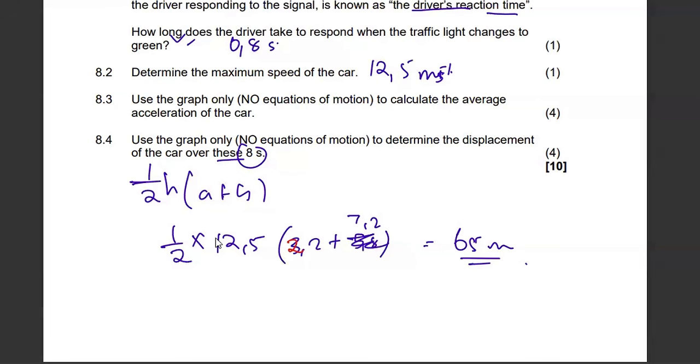Let me just punch it back and see what I get. We say 0.5 times 12.5 into 2.2 plus a 7.2. It's not that, it's a 58.75 meters. Okay, so that is question 8.